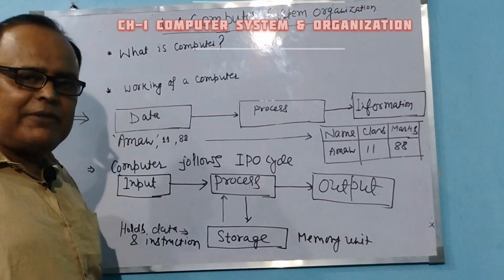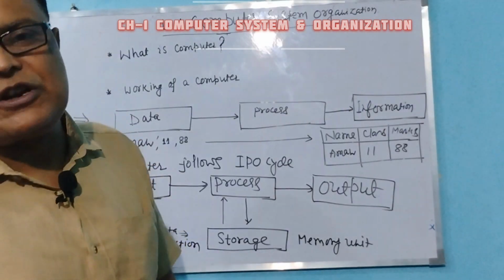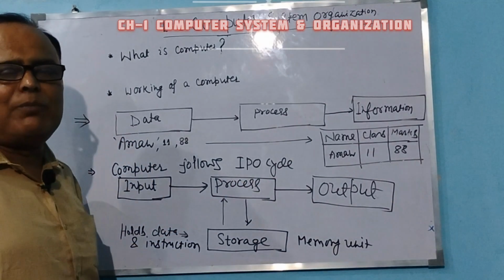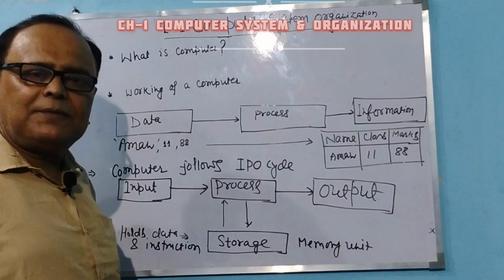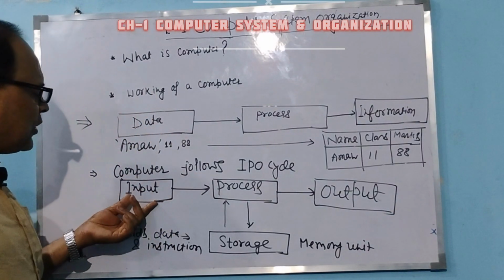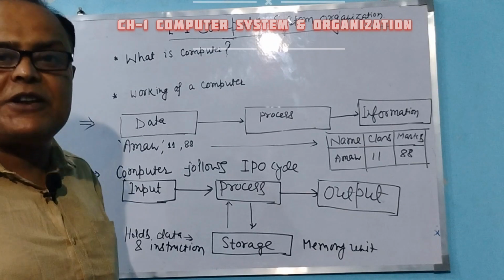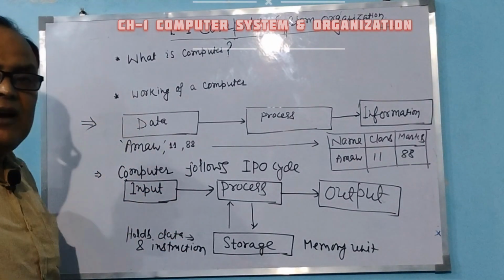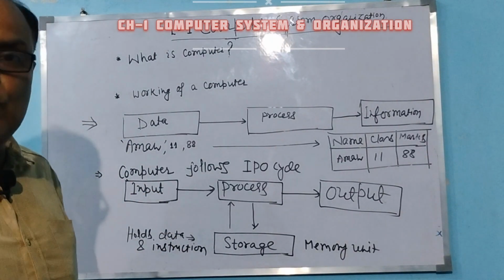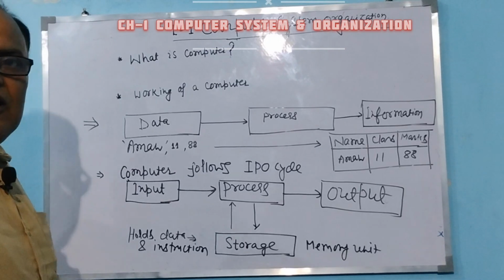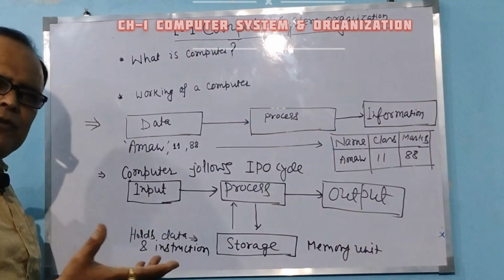Output is related with the output device. What is the output device? Output device may be monitor, printer. The input part is related with the input device. Input device refers to keyboard, mouse, joystick, microphone and all this.